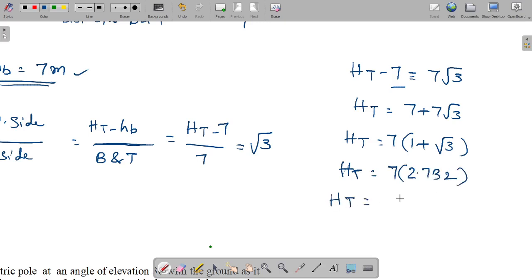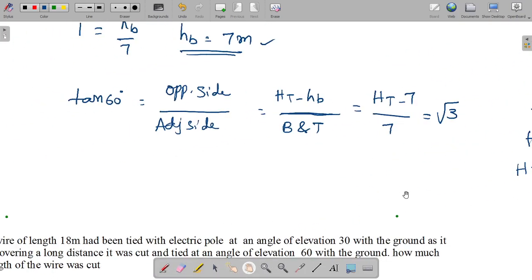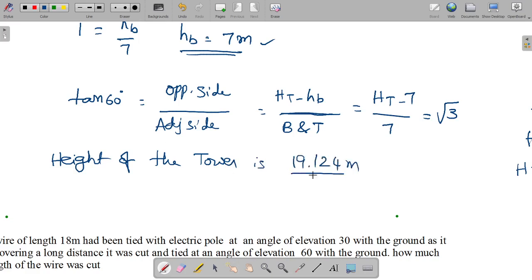Multiplying, height of the tower is 19.124 meters. Therefore, the height of the tower is 19.124 meters.